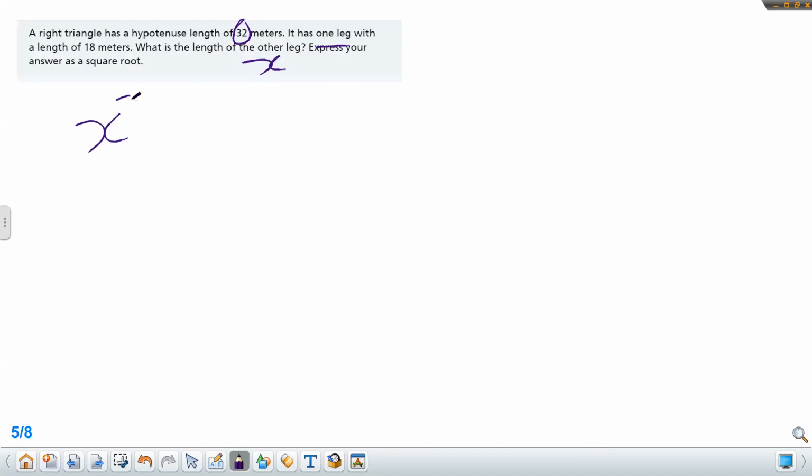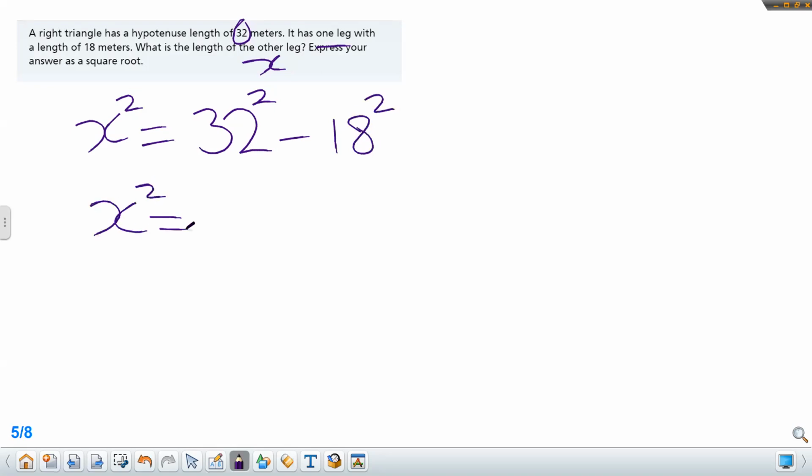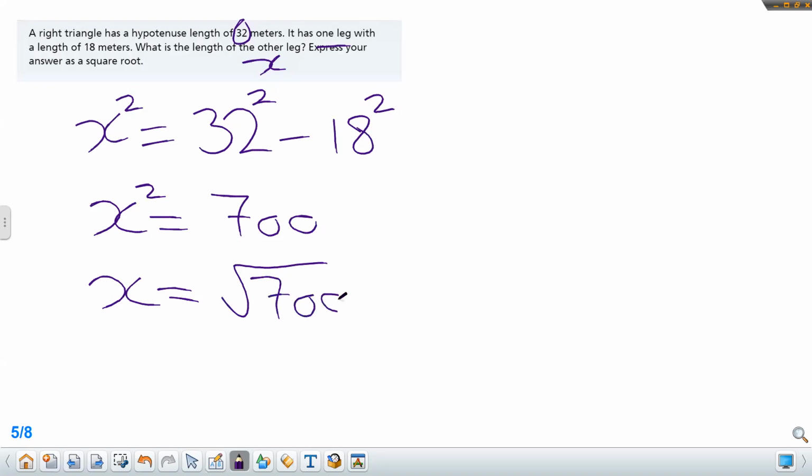Then you can put x power 2 equals hypotenuse 32 power 2 minus the other leg power 2, which is 18 power 2. Then x power 2 equals, evaluated to be 700. Then take the square root of both sides. Then x equals, okay, express your answer as a square root. So the answer will be square root of 700, just without evaluating.